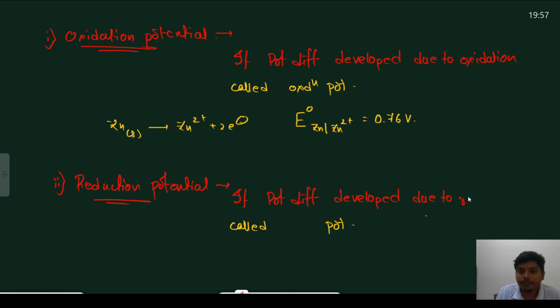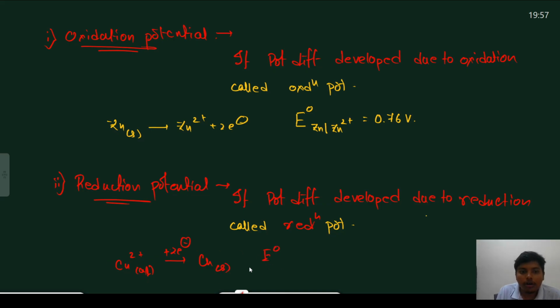Understood? For example, you take Cu2+ aqueous, plus 2 electrons, giving copper. So this is reduction. How to write this?